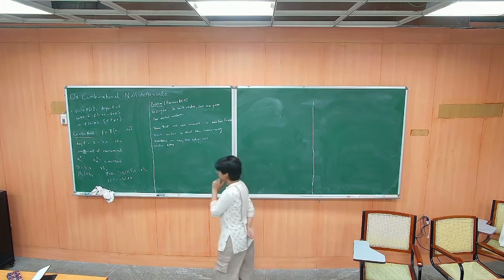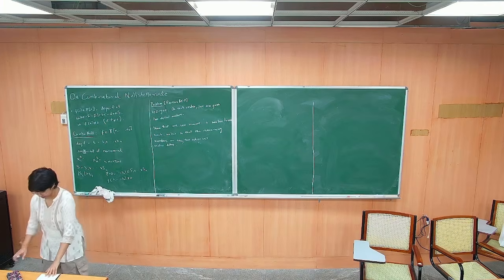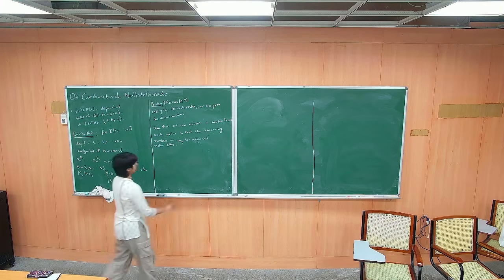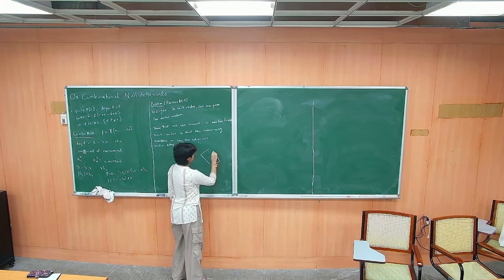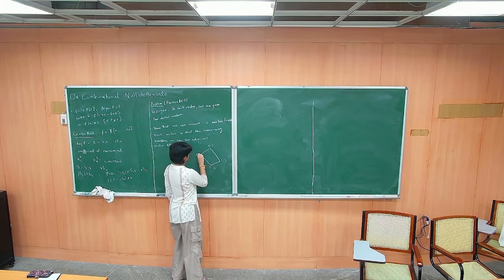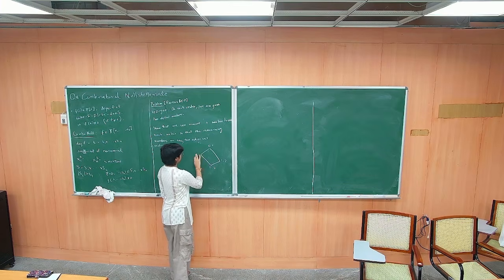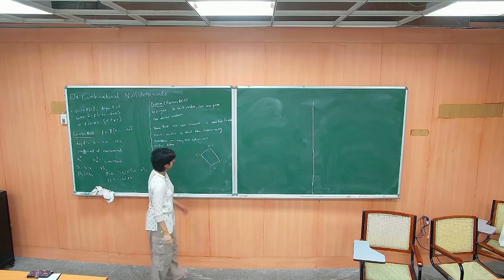Okay, so I took an example for this. Let's just say I have a square and I write 0, 1, 1, 2, 0, 1, 2.